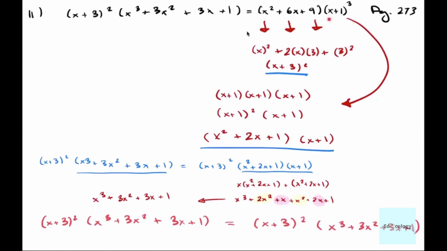We know that (x plus 1) cubed is the same as (x plus 1)(x plus 1)(x plus 1), which is the same as (x plus 1) squared times (x plus 1), and then I just expanded this special product and multiplied this binomial with this trinomial and got x cubed plus 3x squared plus 3x plus 1, and then I found out that these are equal, which means that it is an identity.